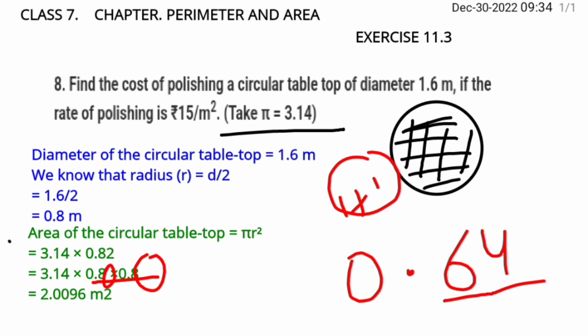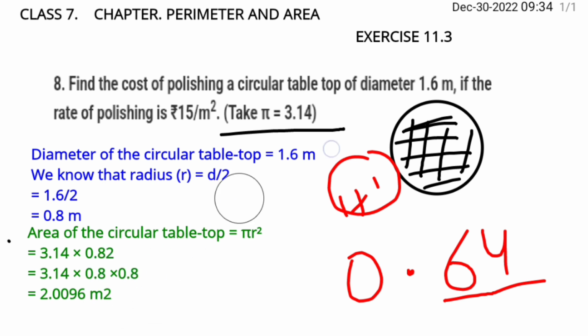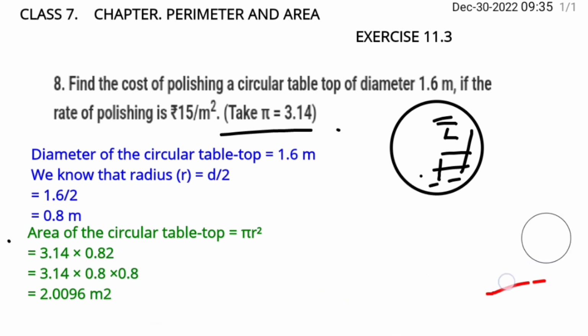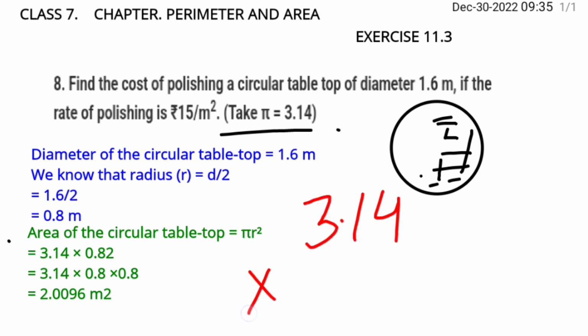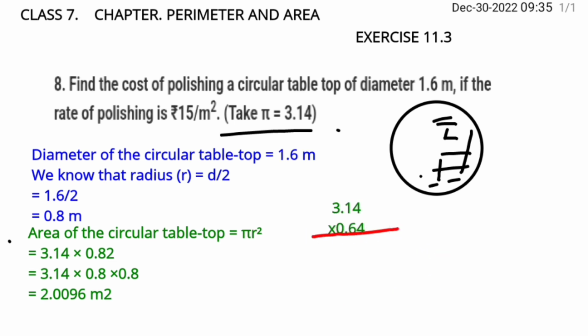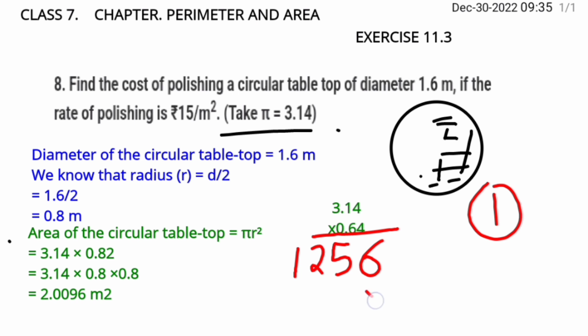Now we need to multiply 0.64 with 3.14. Let's multiply it to get the final answer. 3.14 multiplied by 0.64. 4 fours are 16, 1 carry, 4 ones are 4 plus 1, 5, 4 threes are 12. Cross sign.